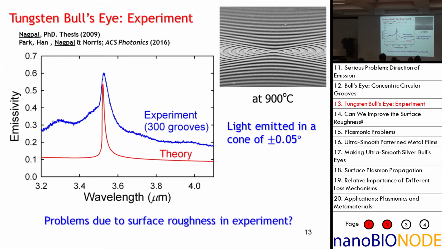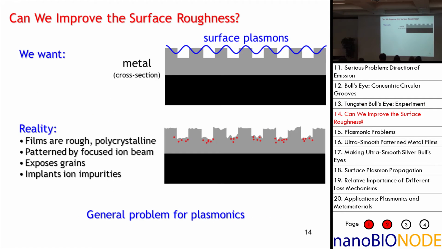So this led to a whole series of experiments in trying to study how to characterize surface plasmon polaritons and how quickly they dephase, and how we can make this emission much more coherent. And this led us to some problems that we uncovered due to surface roughness in the experiment.